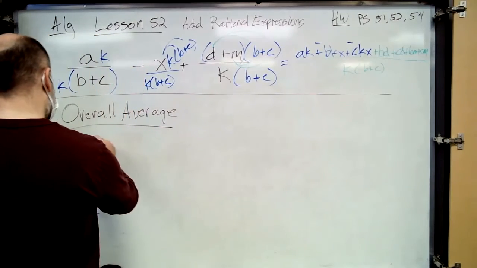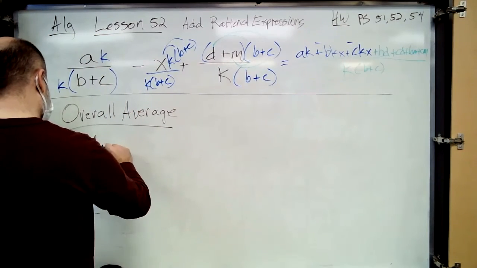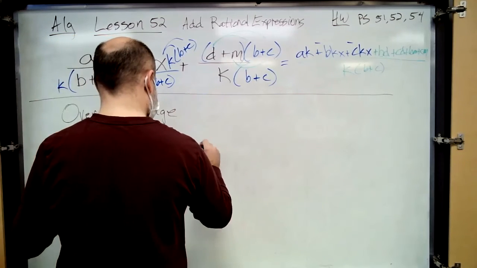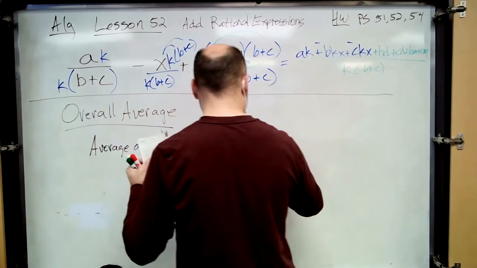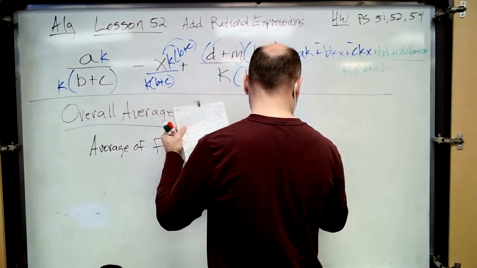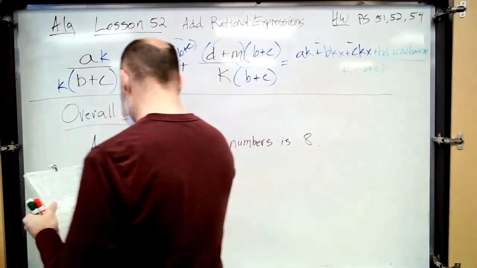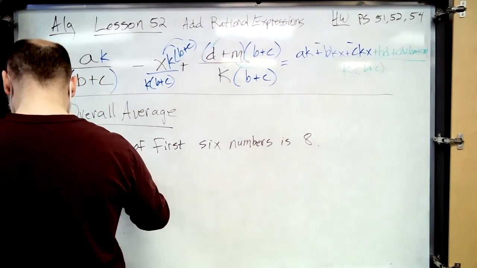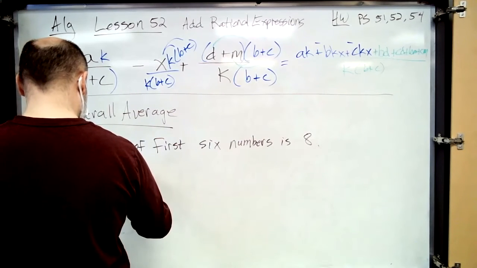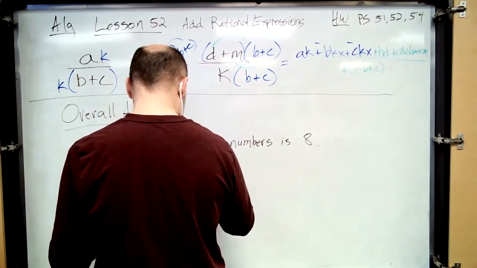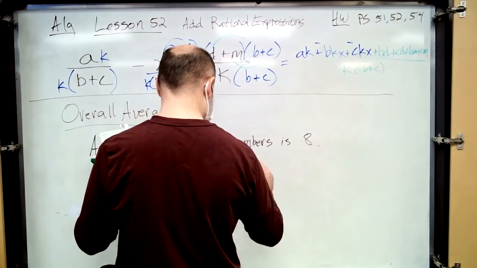Okay, so let's do an example. The average of the first 6 numbers is 8. I don't even know what those 6 numbers are, but I do know that their average is 8. The average of the next 4 is 10.